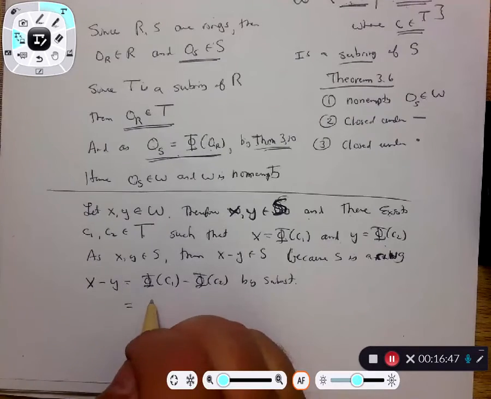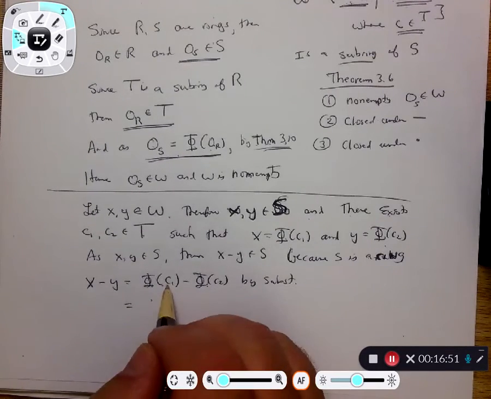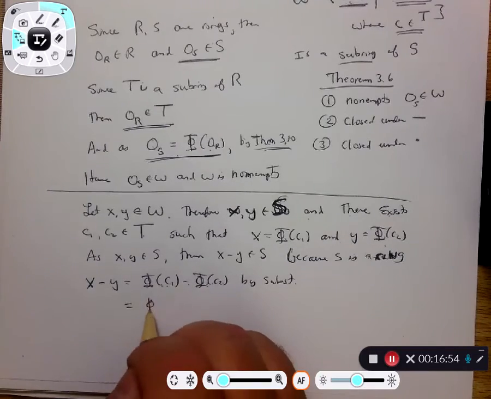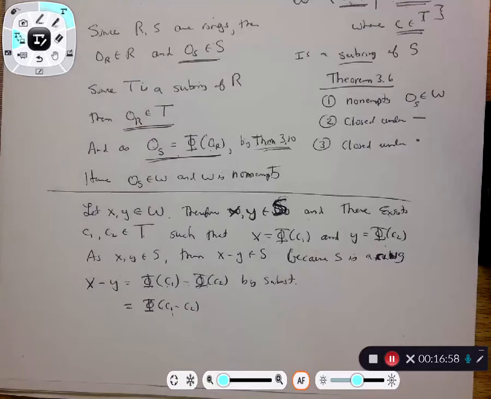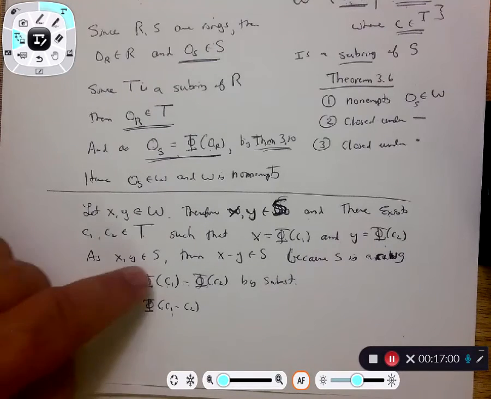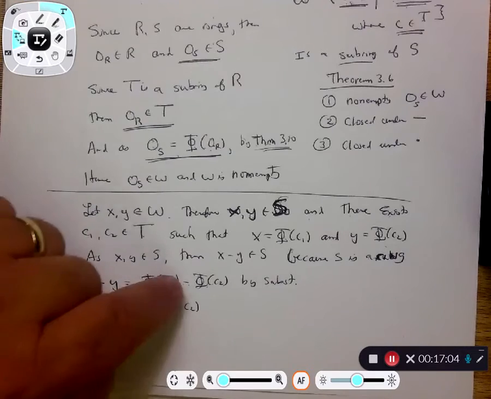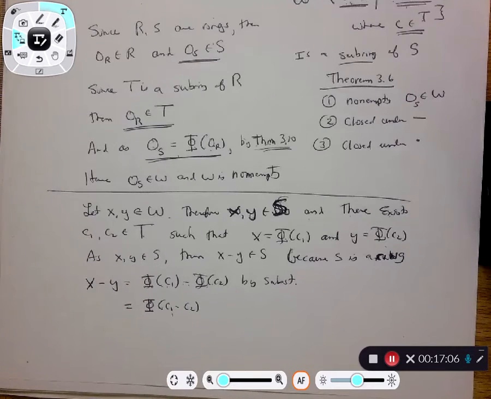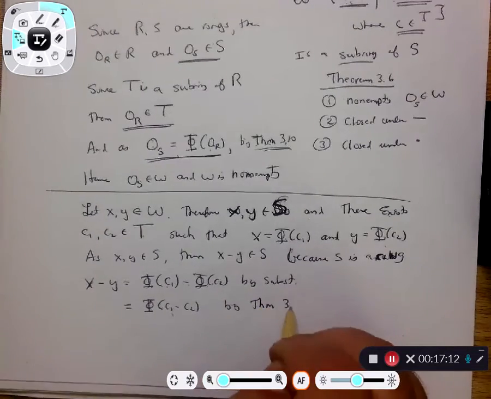Well, that's equal to, now phi of C1 minus phi of C2 would be equal to phi of C1 minus C2. And what's my reasoning behind that? Now, if it was a plus, it would be the definition of homomorphism. If it was a times, it would be the definition of homomorphism. But when it's a subtraction, it is by Theorem 3.10.